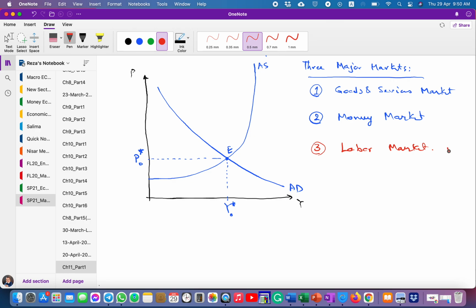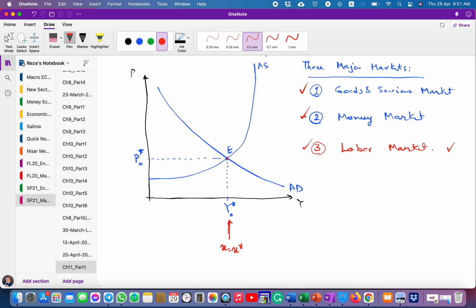If this is in equilibrium, let's say this is exactly where the unemployment rate is equal to the natural rate of unemployment, then we would say that this is very ideal. The third market is also in equilibrium, so we have tick, tick, tick, and the economy is in good shape.